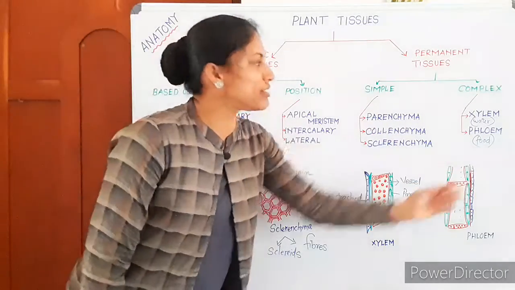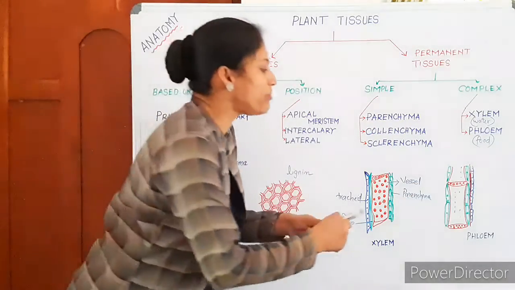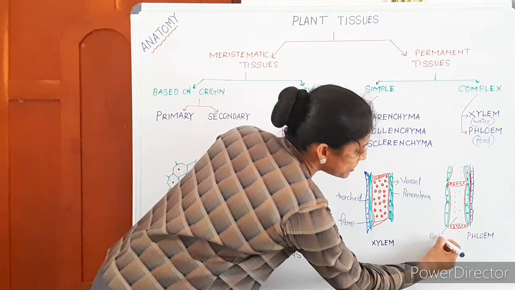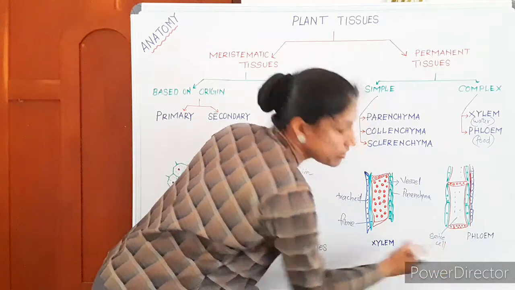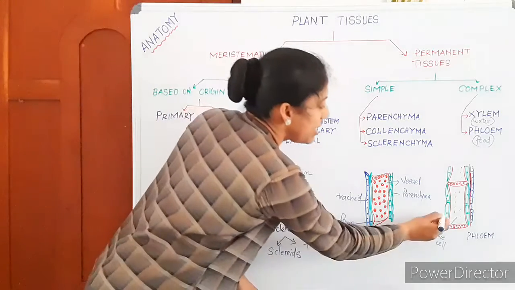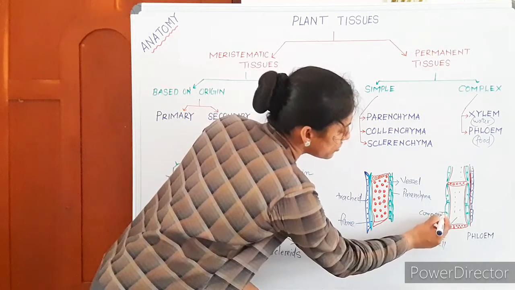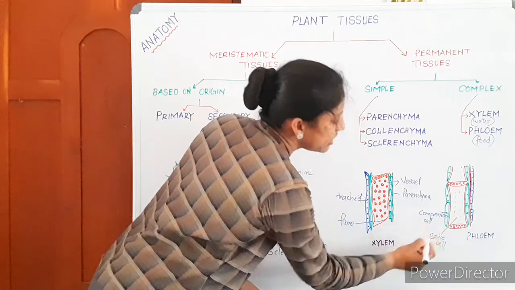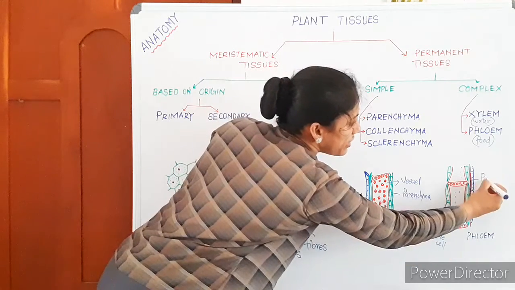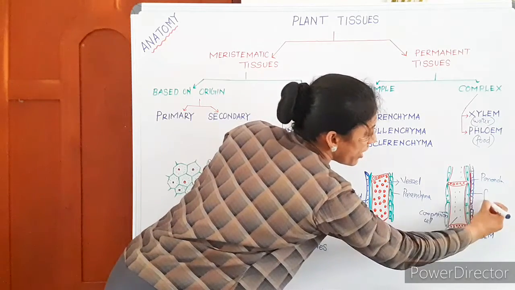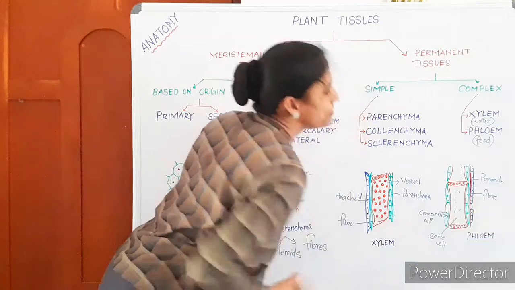Come to the next type, phloem. Phloem is also a complex tissue. It is made up of sieve cell, one type of cell. Another one here is companion cell. You have learnt, okay, companion cell. Then here is phloem parenchyma. Then here is phloem fiber, the red color I have given here.